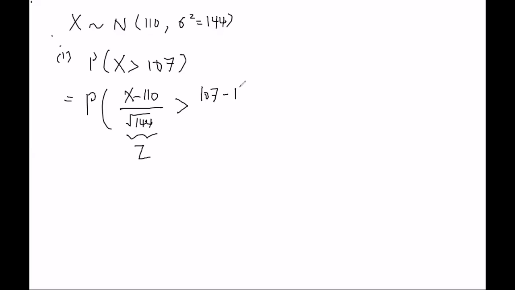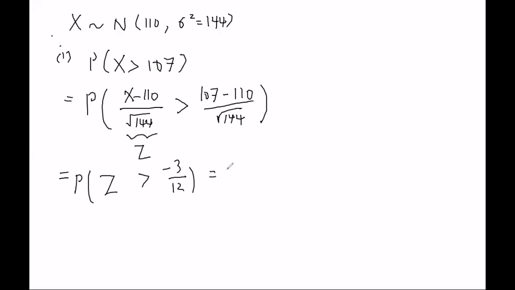Whatever you do on the left, you do on the right to balance out. So here you have P of Z greater than minus 3 over 12, so that's Z greater than minus 1 over 4, okay? Your Z is standard normal, so that allows you to use the standard normal table.